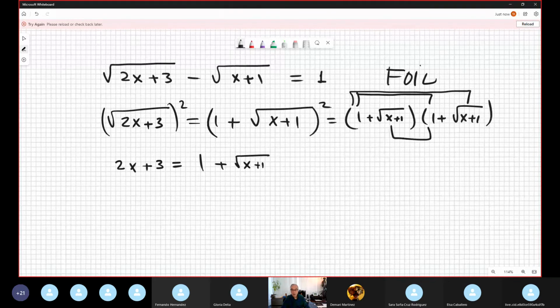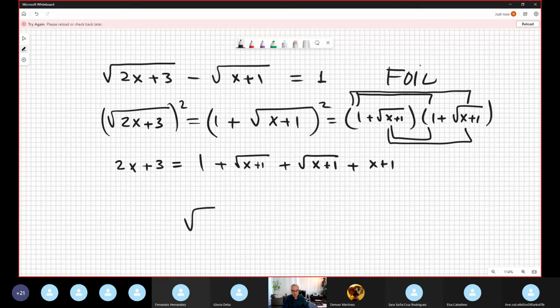A radical times 1 is the same radical. And the radical times itself is just the expression inside, because it's a coincidence. Look, this is radical x plus 1 and x plus 1. Because you need to remember in intermediate algebra, a radical of any expression times the radical of the same expression is equal to the expression. Okay? It's logical, right?